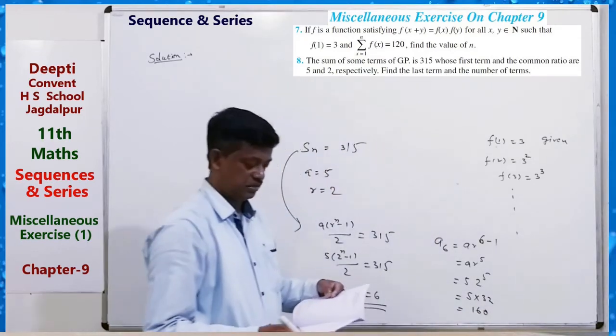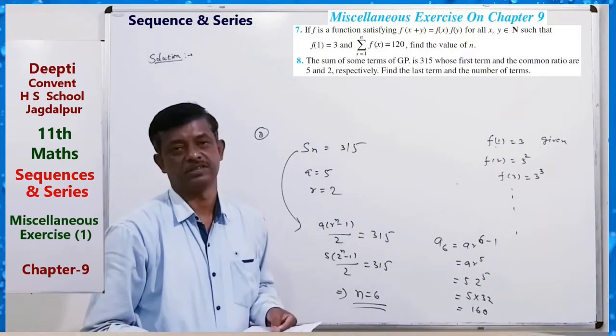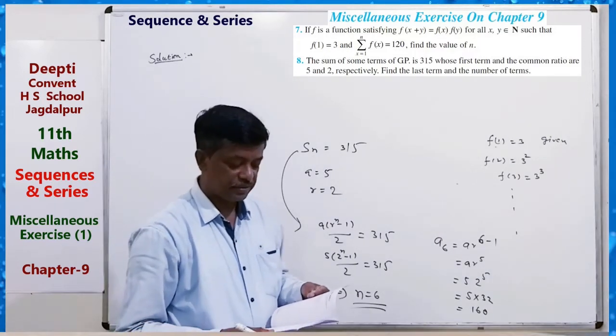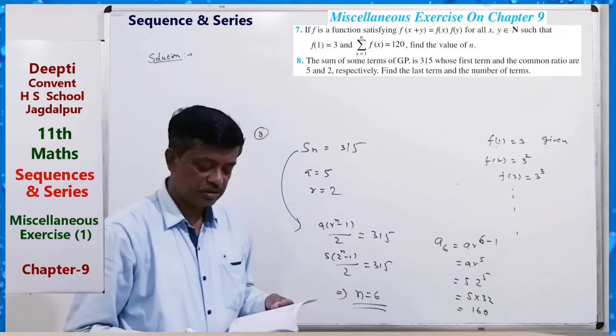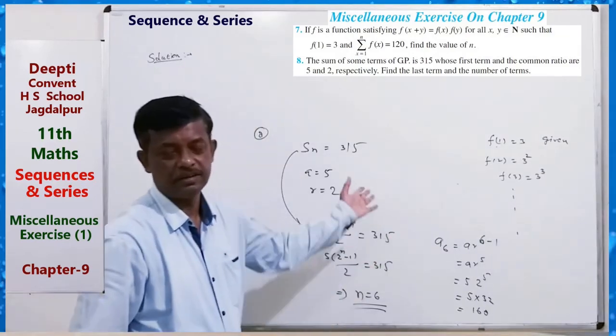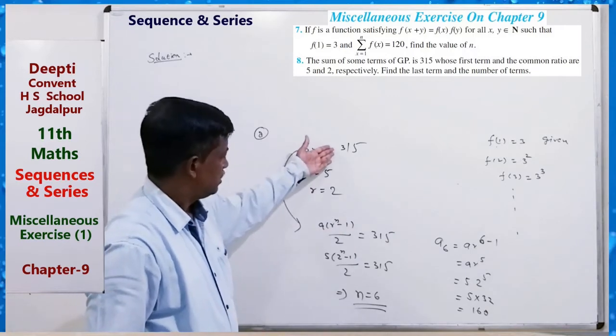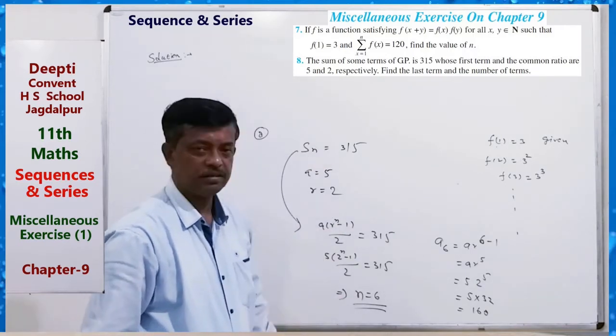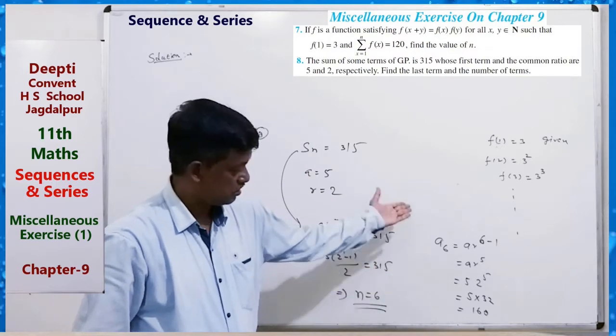So this is 160. Clear? The main thing is that you have to find n, the last term a6. This is the last term.